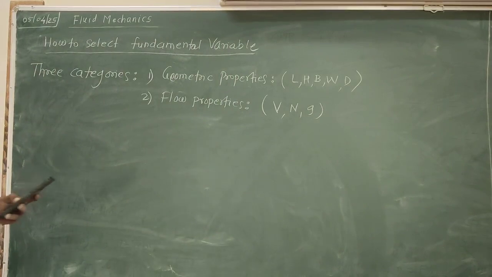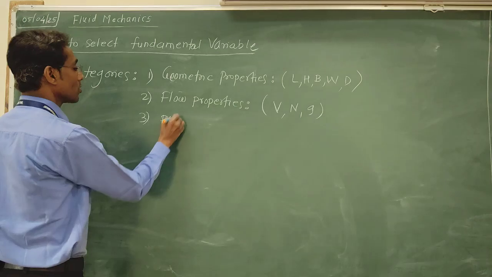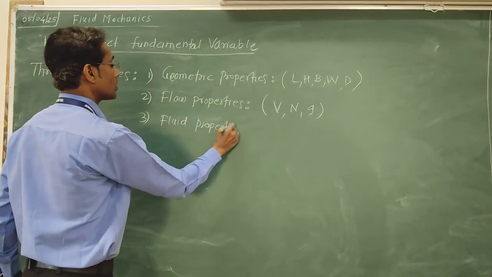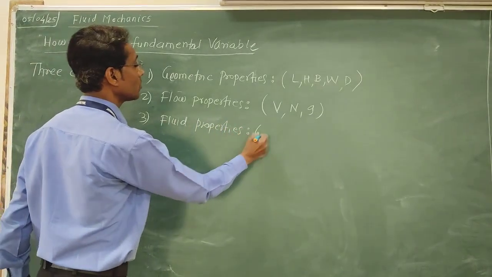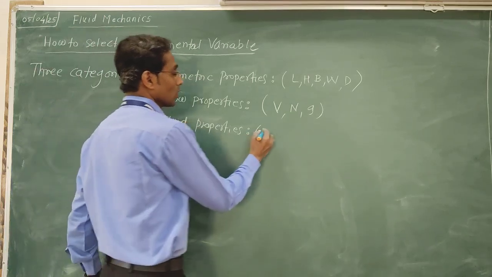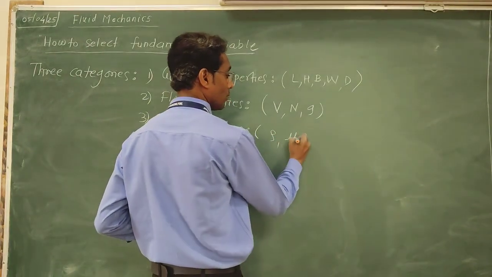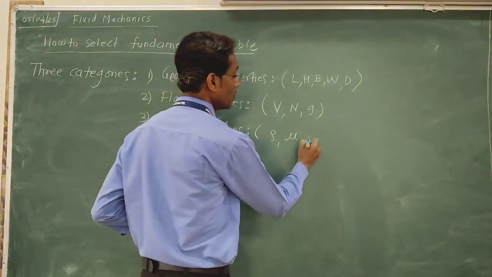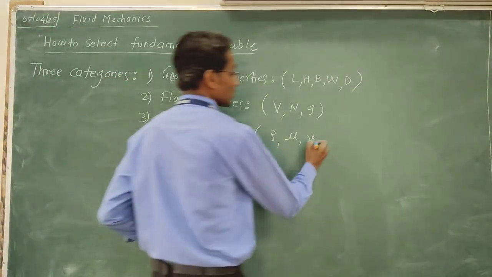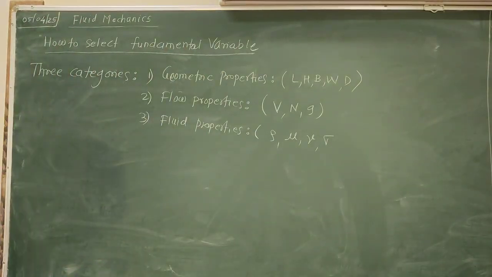The third category is fluid properties, the set of variables which give information about the nature of the fluid. These properties are rho, density, mu, viscosity, nu, kinematic viscosity, sigma, surface tension.